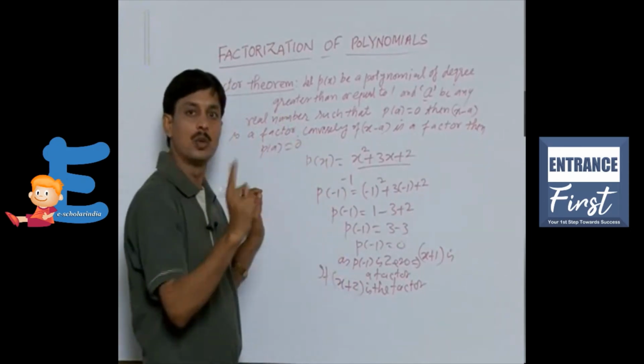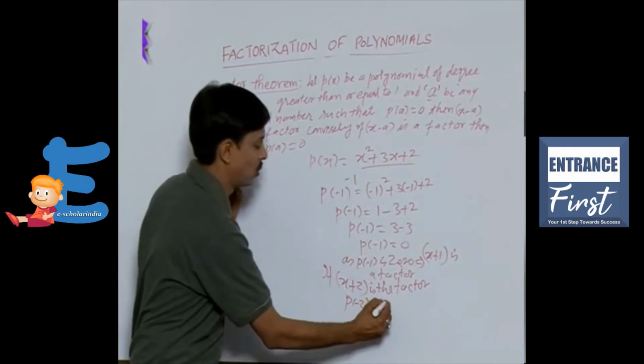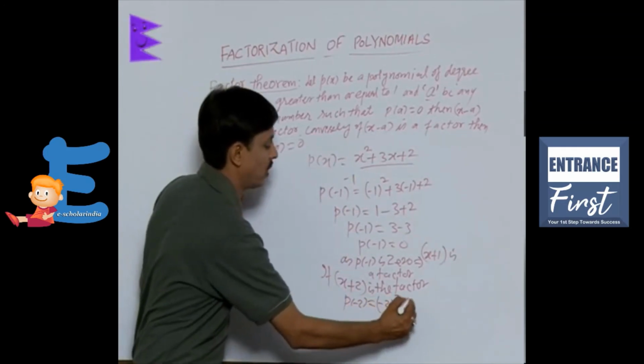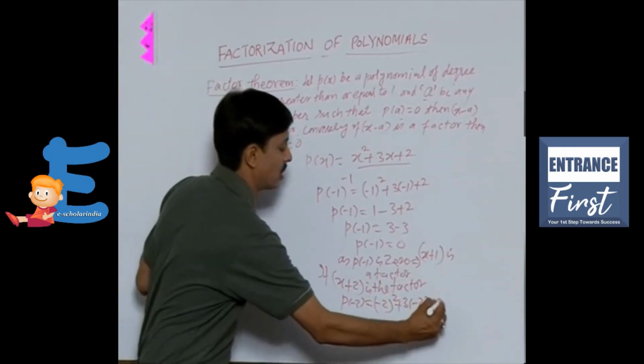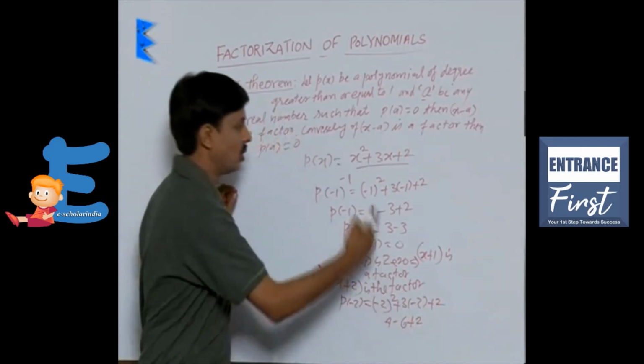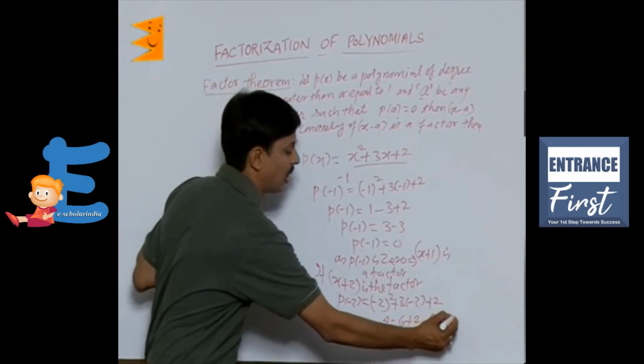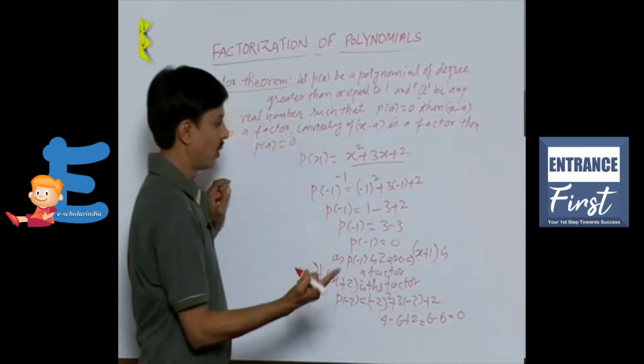P of minus 2 has to be 0. That is, p of minus 2 is equal to minus 2 whole square plus 3 into minus 2 plus 2. This becomes 4 minus 6 plus 2. You can say this is 4 plus 2 positive plus 6 minus 6, result is coming 0.